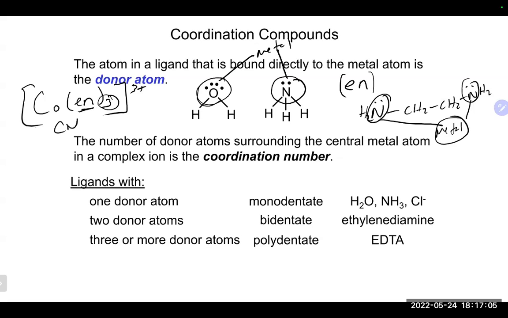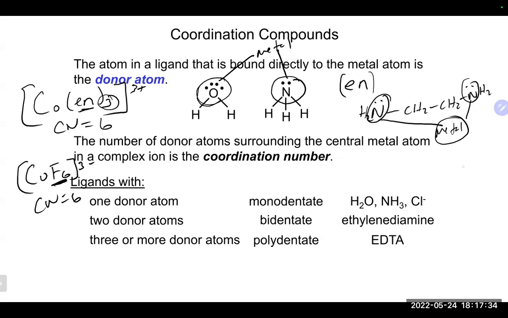The coordination number here will actually be 6, not 3. So it depends on the ligand, as opposed to if you had CoF6 3 minus. This ligand is monodentate, which means the coordination number here would also be 6. So it's not always going to be the number that you see next to the ligand. It can be if they're monodentate, but if they're bidentate, you do need to adjust for that.